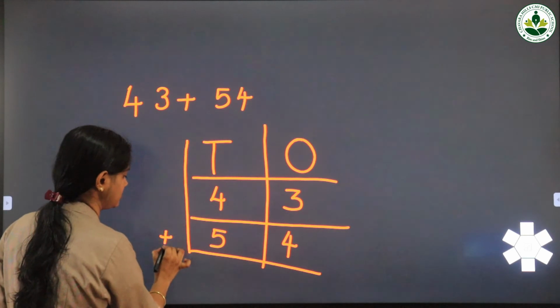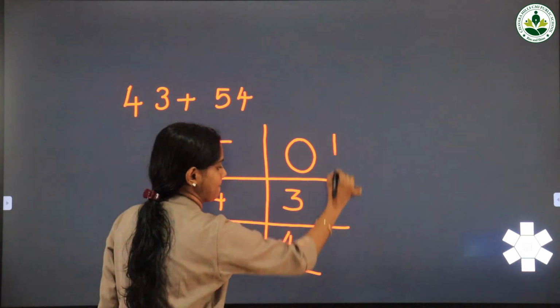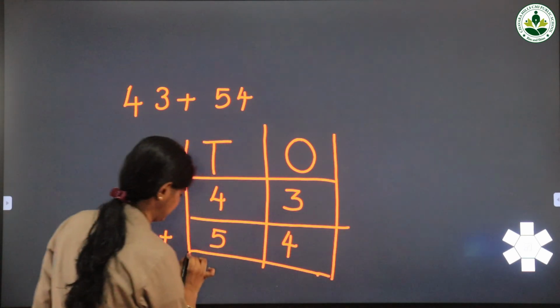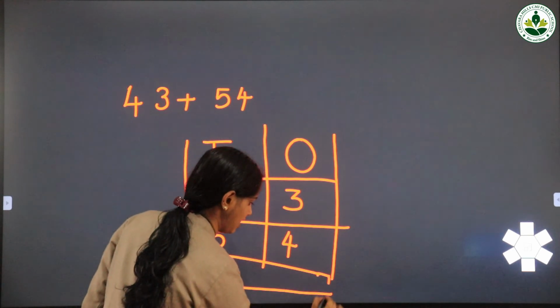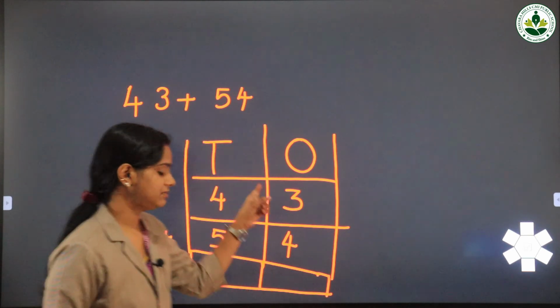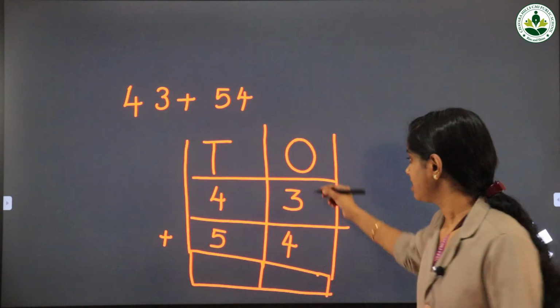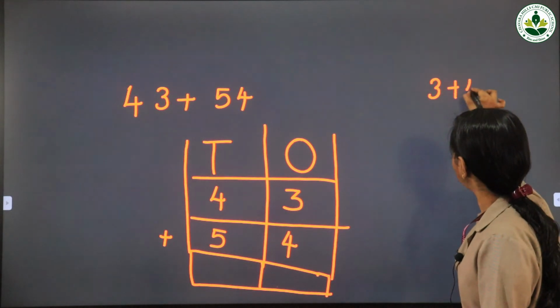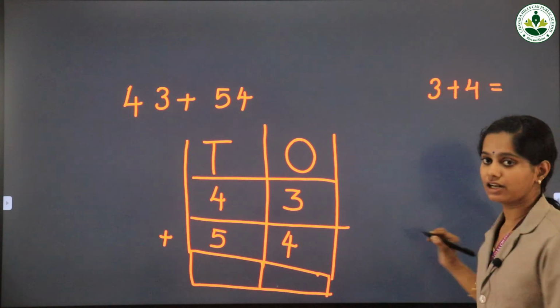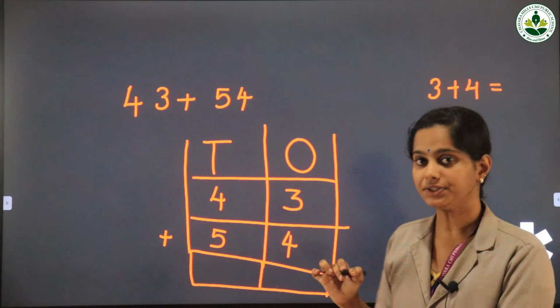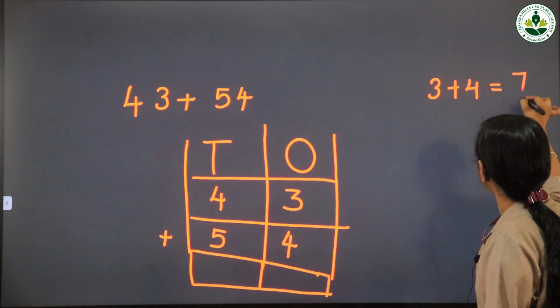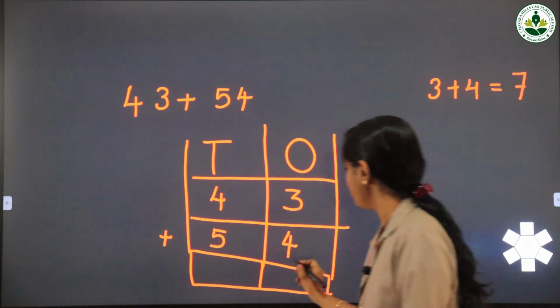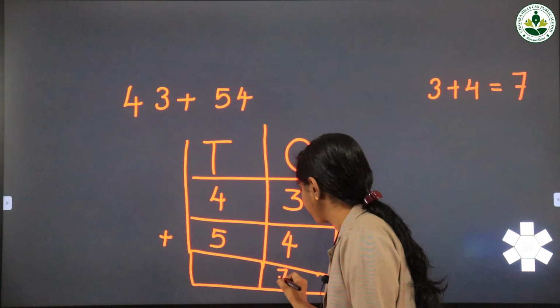This is the addition symbol. Okay, let us start our addition. We start from the digits in the ones place. 3 plus 4 is equal to 7. We write 7 in the ones column.